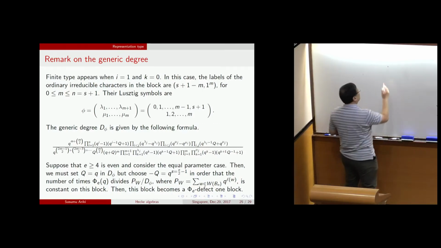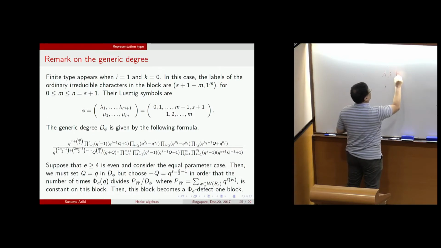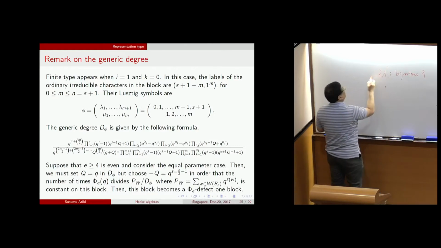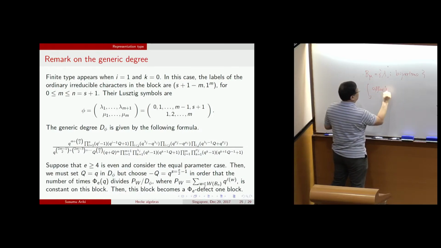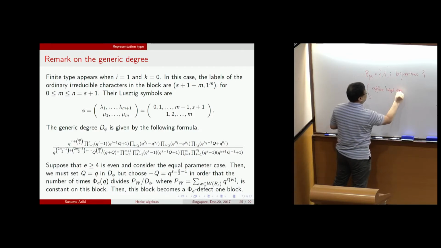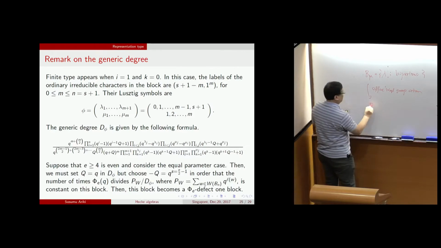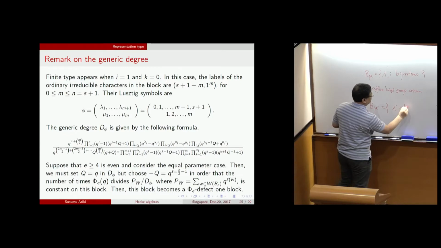So if one weight space, we have bipartitions, and in one way, say one block be mu, and consider the affine Weyl group of it, and get another set of bipartitions.